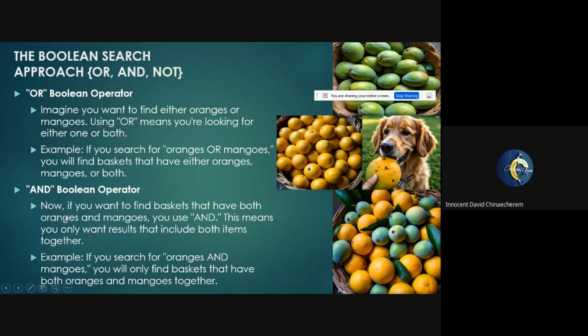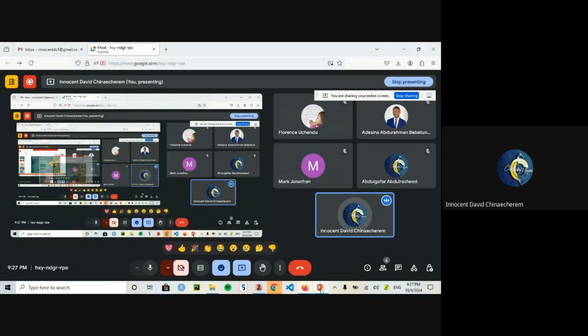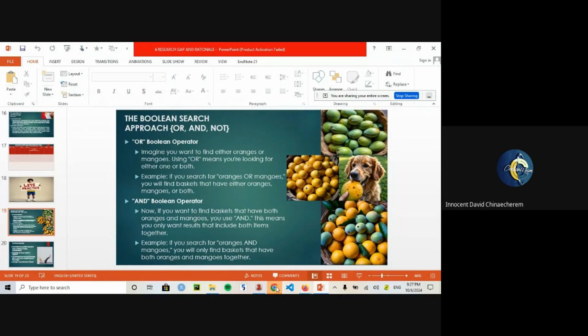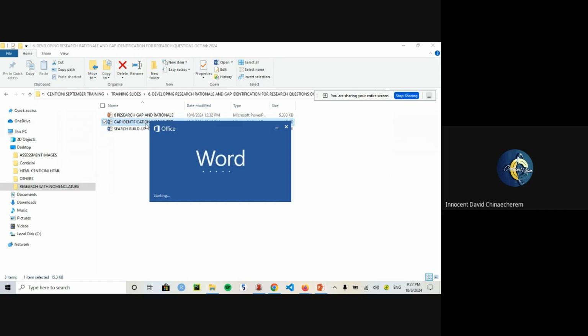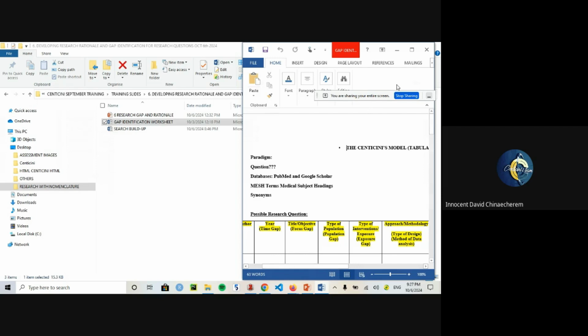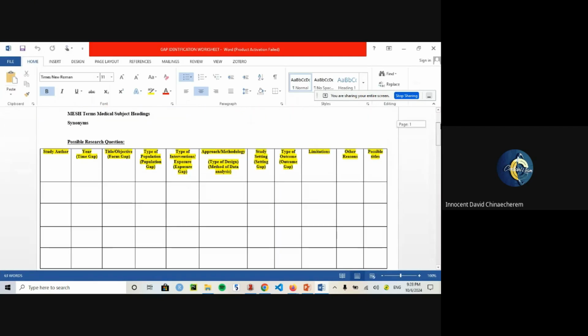Now, I'm going to take us on an exercise quickly. Before I start, I've set up our gap identification worksheet, which I'm going to use to perform a very small practical of our search.